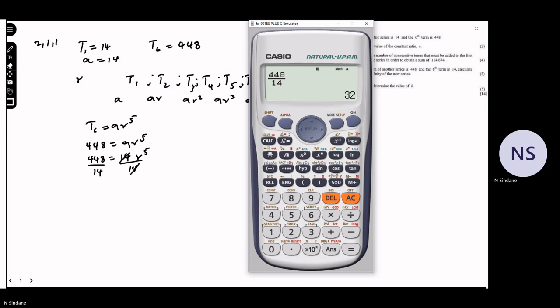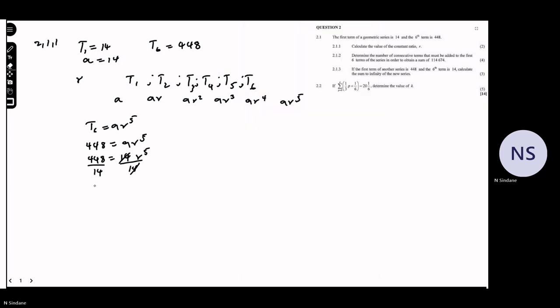And then you can see that I'm going to need a fifth root, the fifth root of 32. So my R will be 2. So here I'm going to say 32 is equal to R to the power 5. And then when I take the fifth root, 2 will be equal to my R. Therefore, I got the value of R as 2. That is how I can easily obtain the value of R in this question, right?